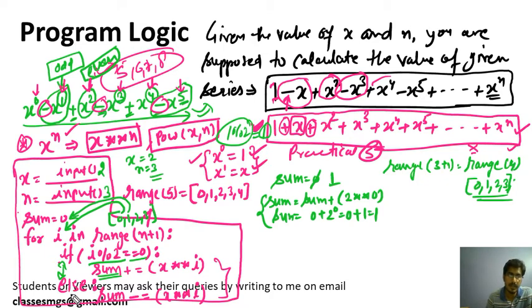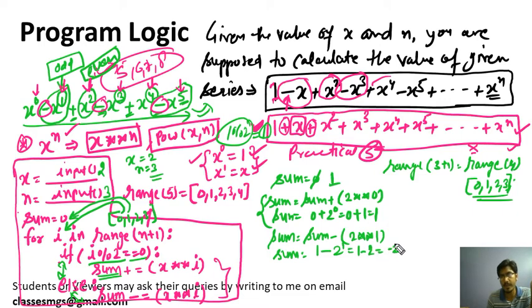So it will go into the else path and subtract the number. So sum equals sum minus 2 star star 1 will happen. The sum's value is already 1, so 1 minus 2 raised to power 1, which is 2. So 1 minus 2 equals minus 1. So the sum value will become minus 1 this time.